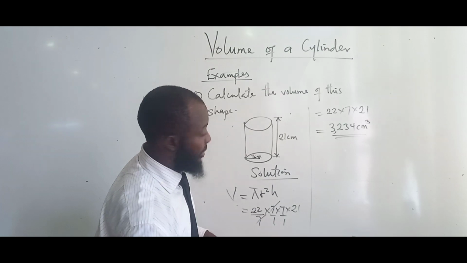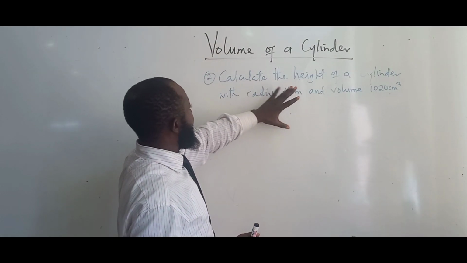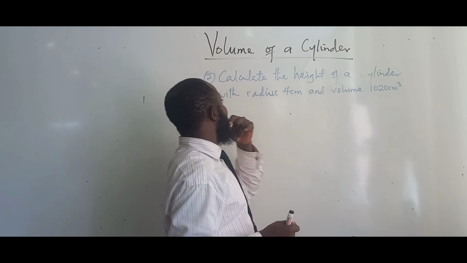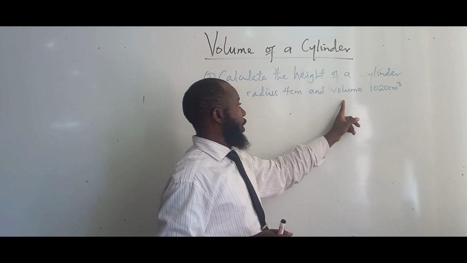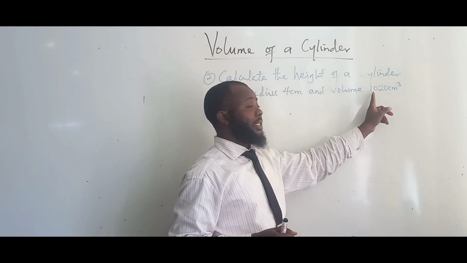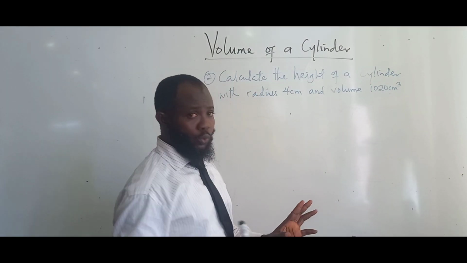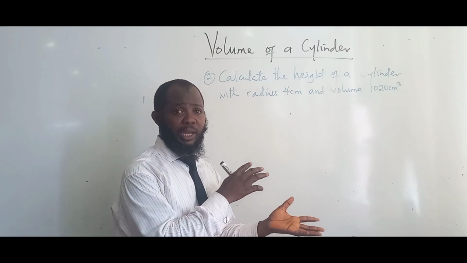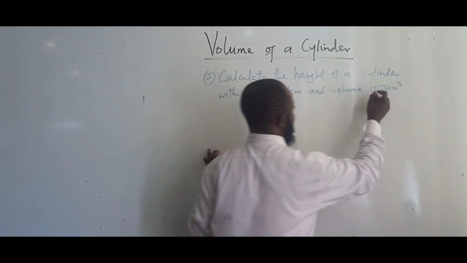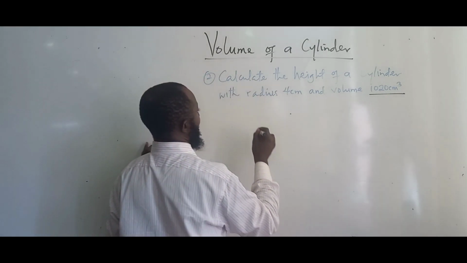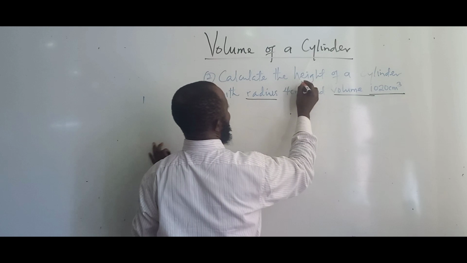Let's look at the second example. Calculate the height of a cylinder with radius 4 centimeters and a volume of 1020 centimeters cubed. So in this case, it's quite different from the first example that we just did. Here, you are given the volume and you are also given the radius. You are looking for the height.